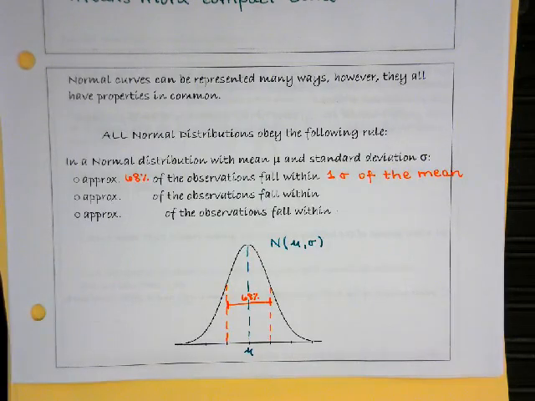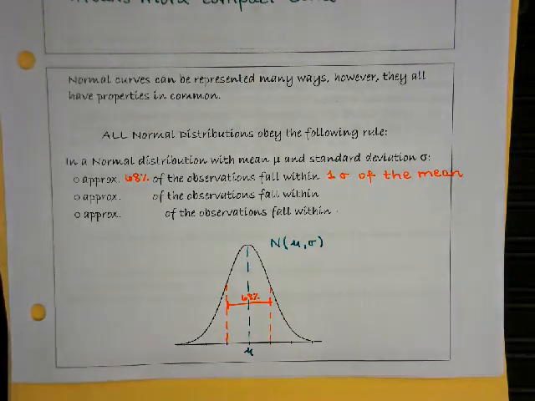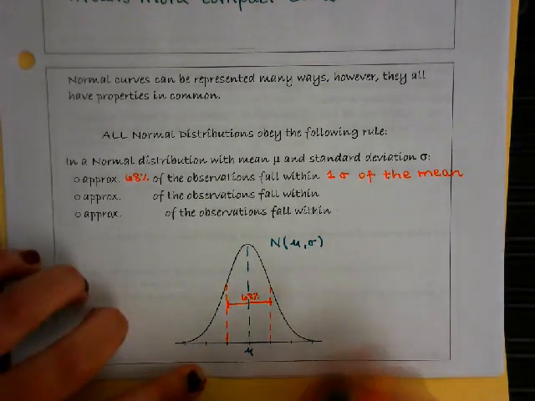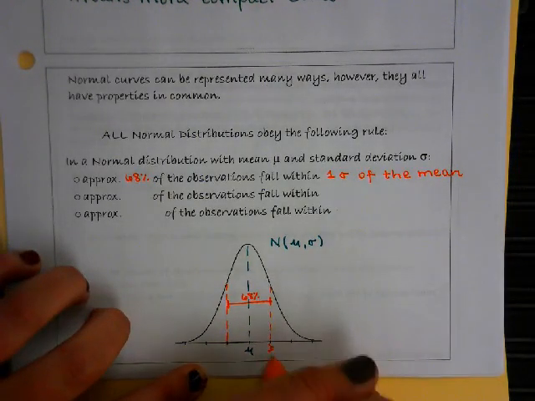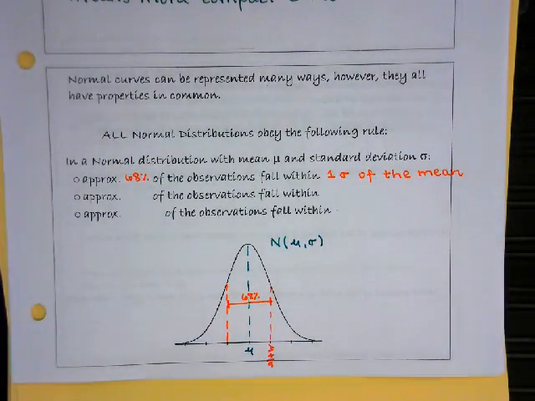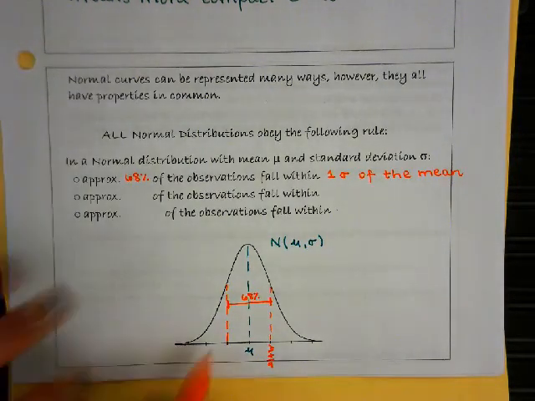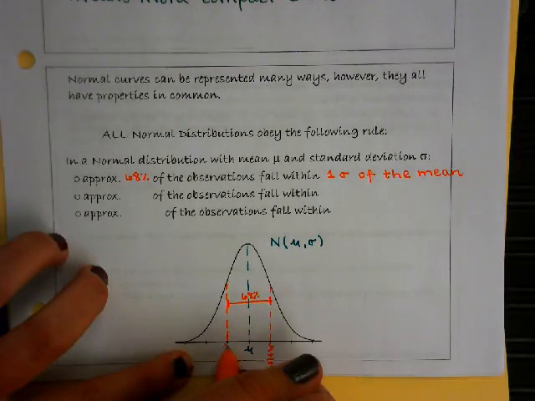So I'm going to label this as mu plus 1 sigma, one standard deviation above the mean. This one here I'm going to label as mu, my mean, minus 1 sigma, so one standard deviation below.